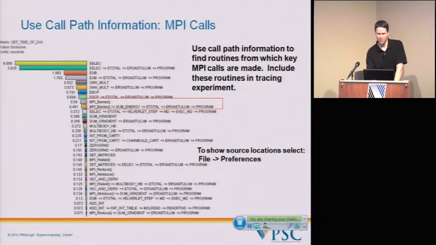So this right here is all you would get if you didn't have call path on. This is the total time spent in MPI barrier. Everything that called MPI barrier during the course of your run all gets lumped into this. Okay, so then that will be the max.